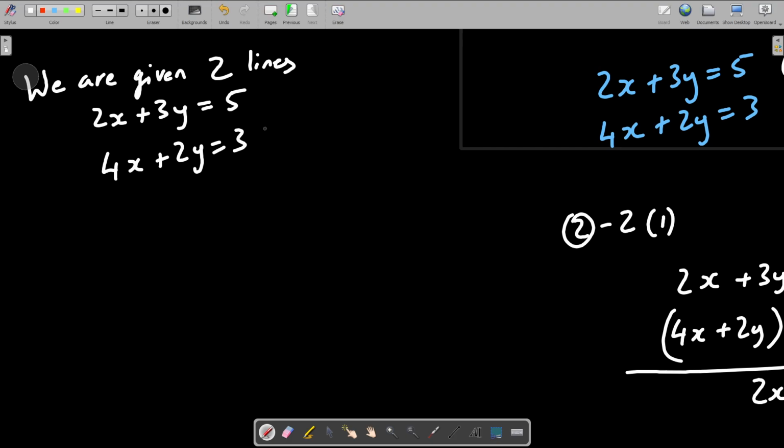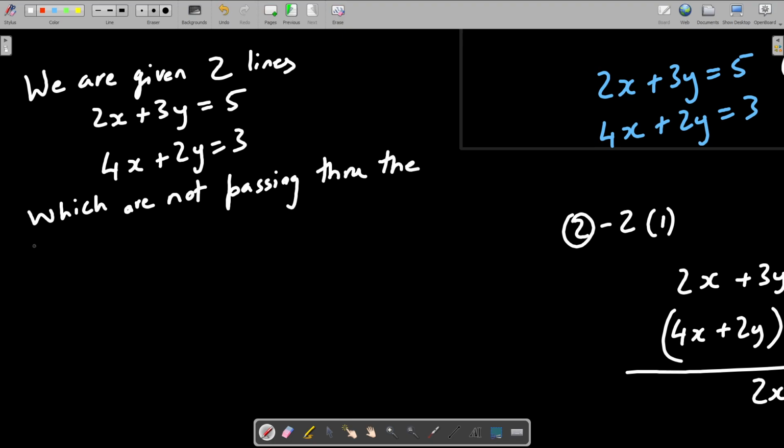Both of them are not passing through the origin, and they are neither parallel.